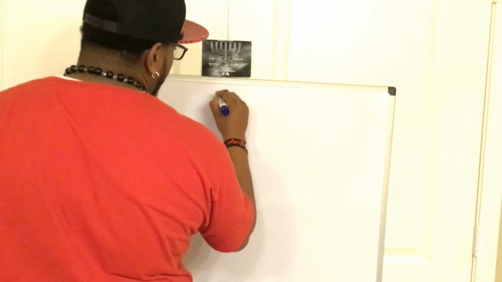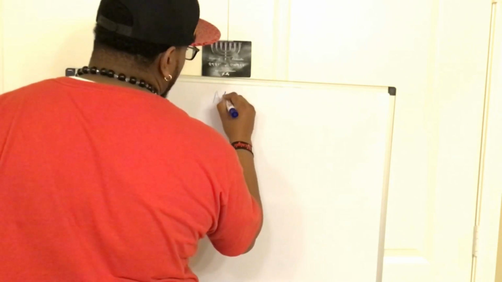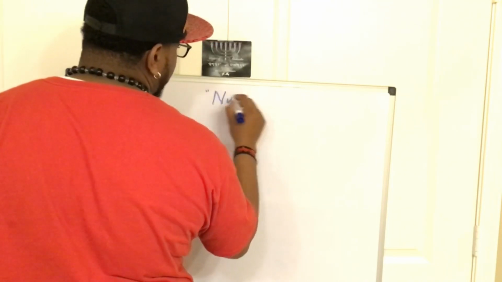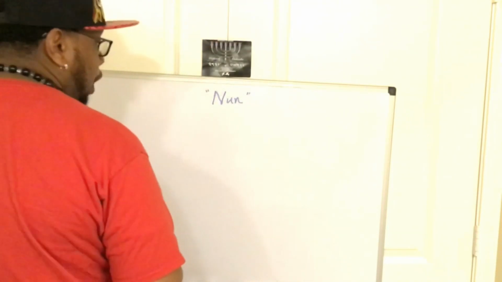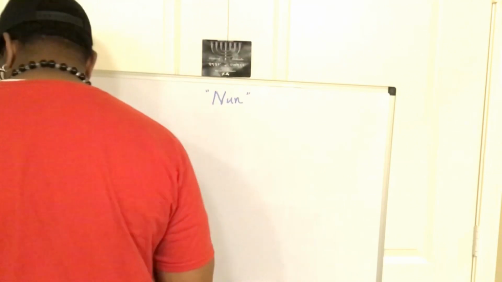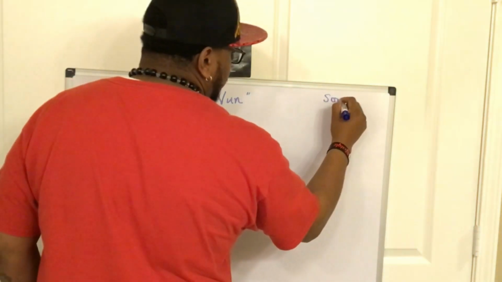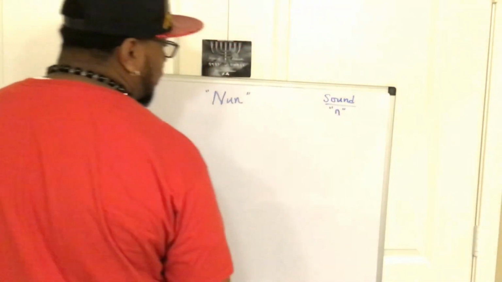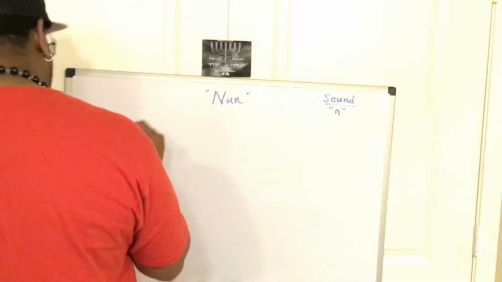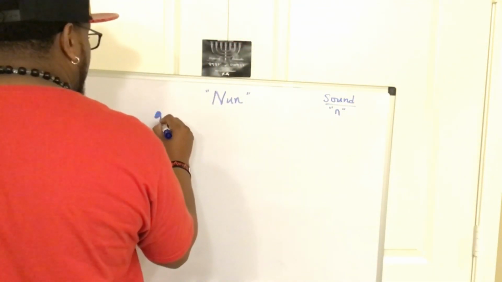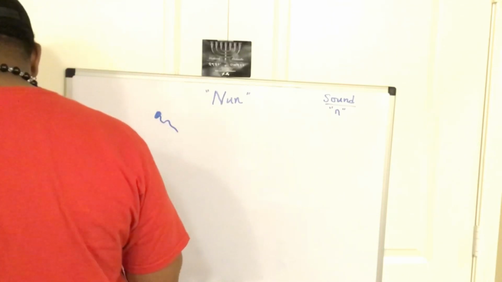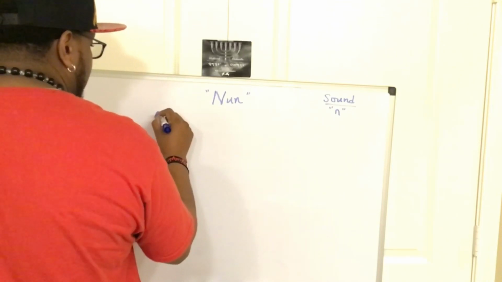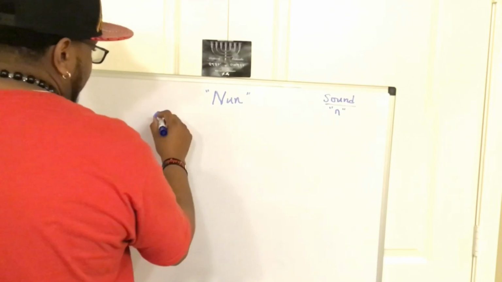Here we go. Nun. Now, if you study your book, even in the King James, you've seen Nun, Joshua, son of Nun. It's an N sound, because he was son of the seed. Look what that looks like. That looks like a man's seed.